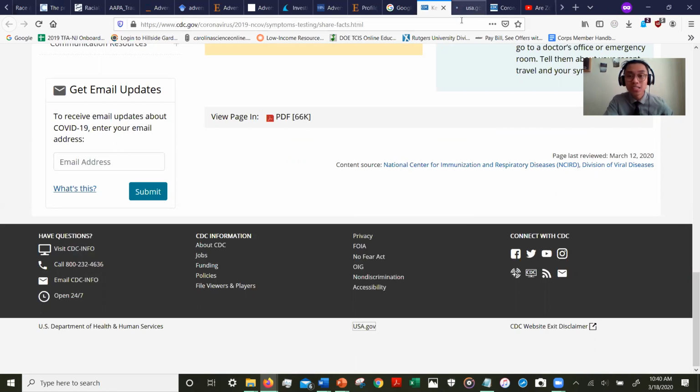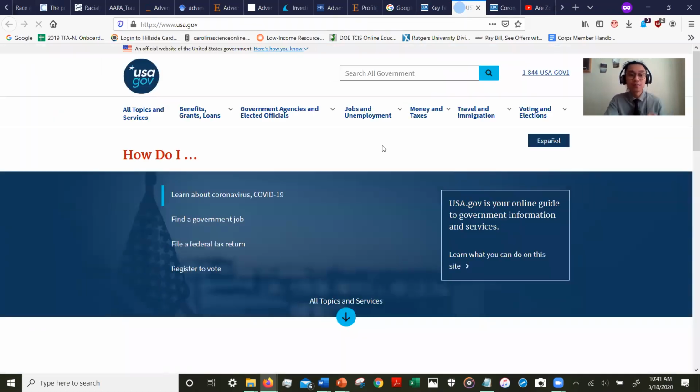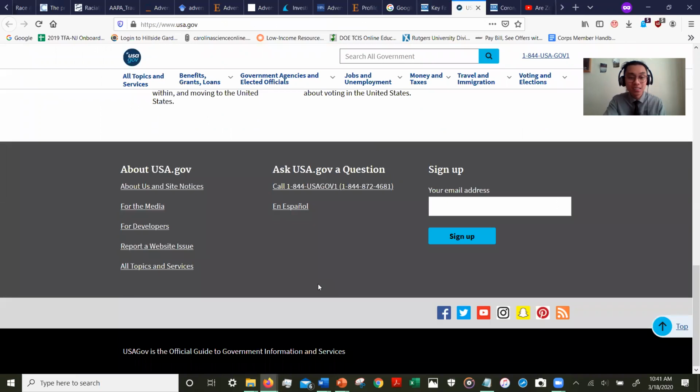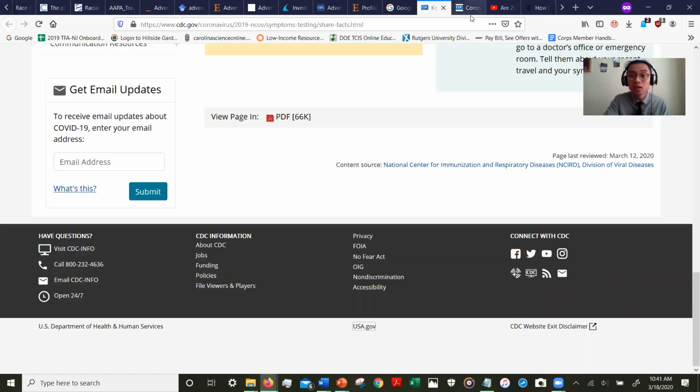And if I open USA.gov, I see that this is an official guide to government information and services. So even though there's no particular author, I am super able to access that information here. They are clear about it here in their contact information.